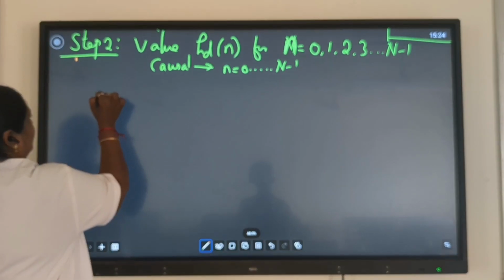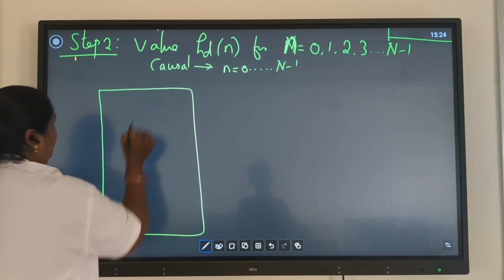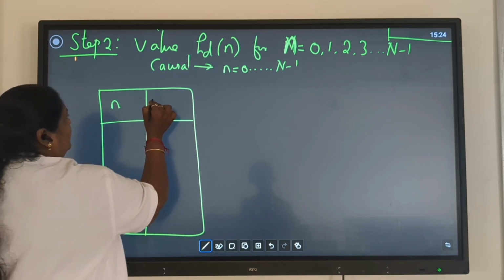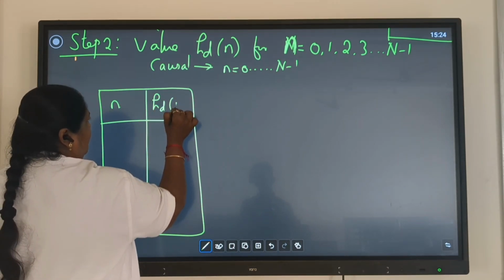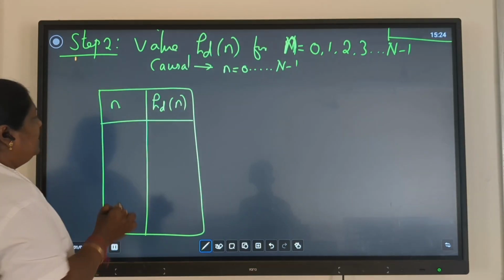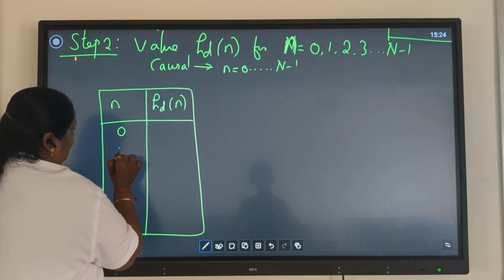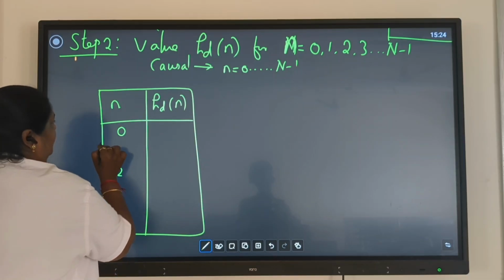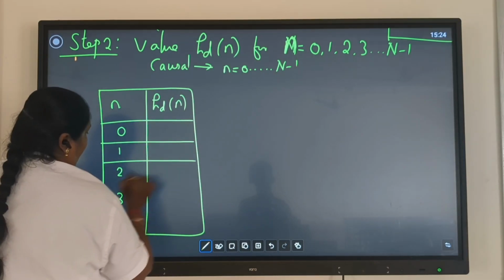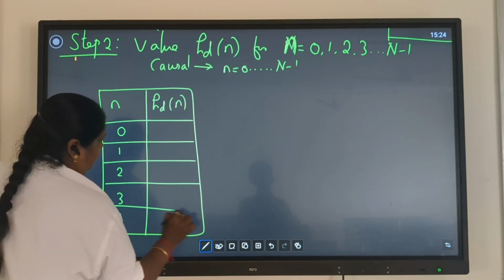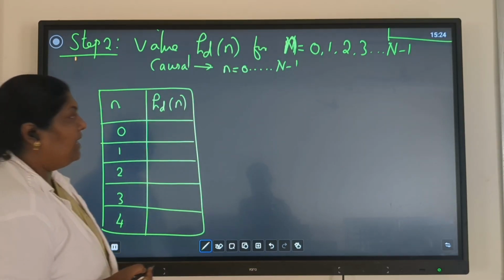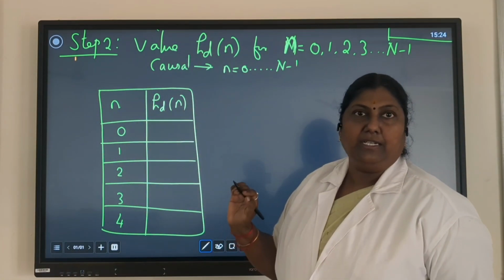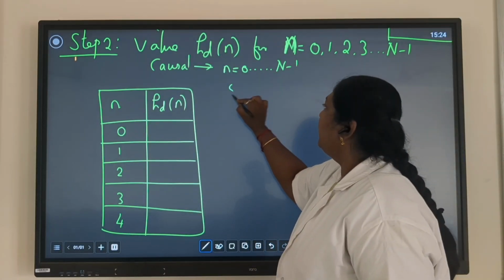Let me put a table. N versus hd of n. So small n will take the value 0, 1, 2, 3 and 4. So I need to find the values. For finding the values, since this is a Gaussian filter, it uses symmetric condition.